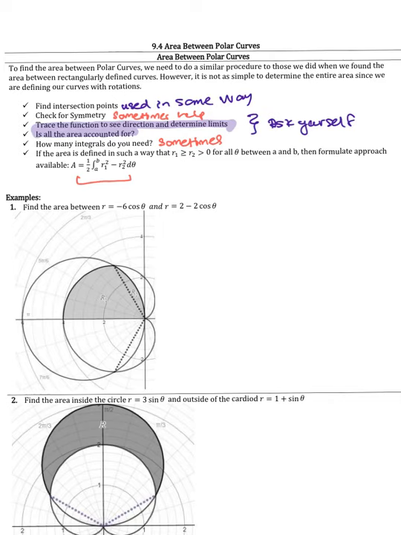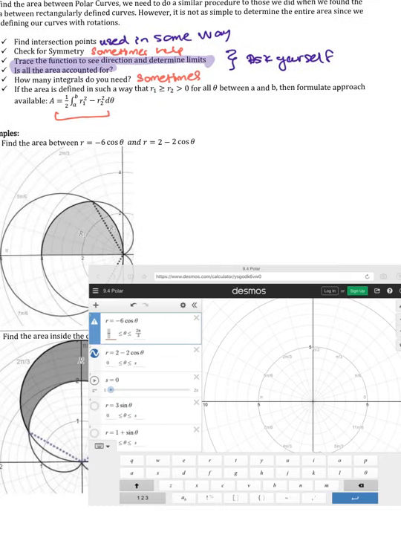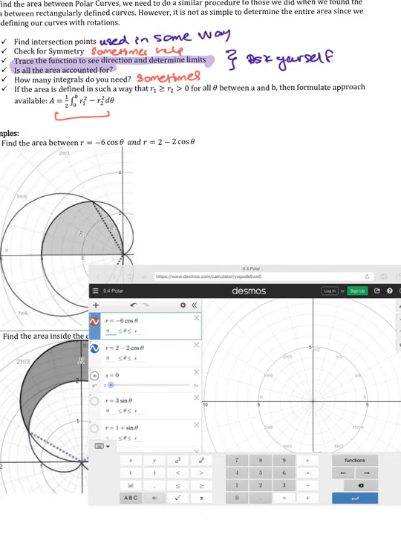So let's look at a couple examples, and let me pull up Desmos really fast so that we can look at that for problem number one. All right, number one says to find the area between the graph of r equals -6 cosine of theta and r equals 2 minus 2 cosine of theta. So you can see those two graphs. The first one, r equals -6 cosine theta, is a circle.